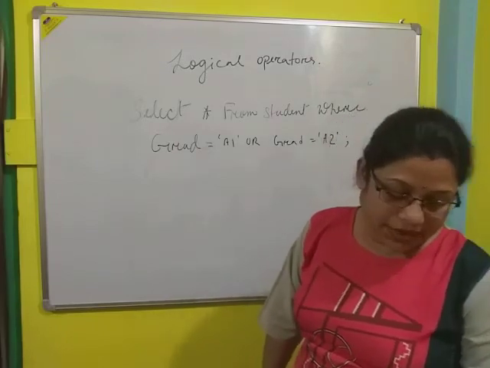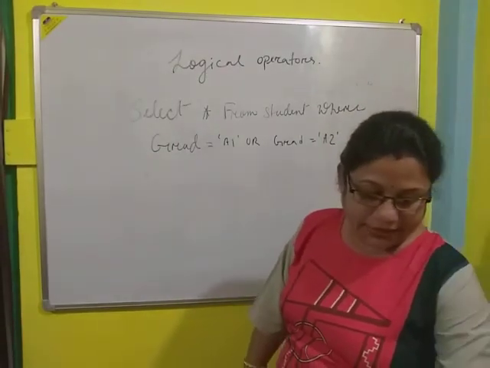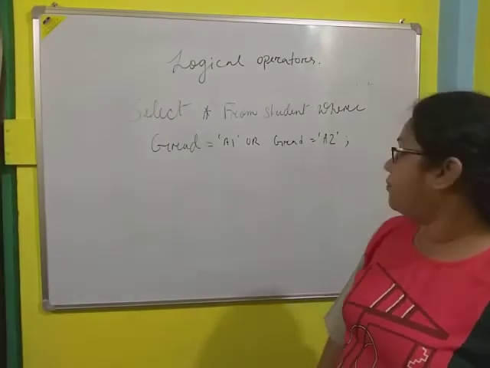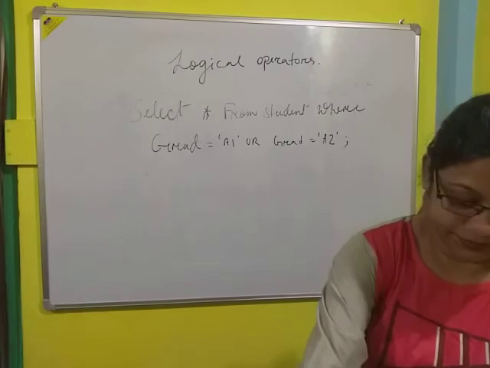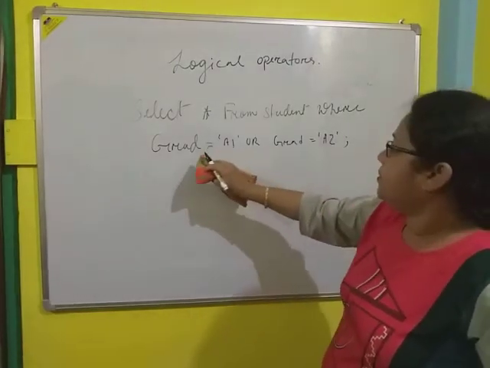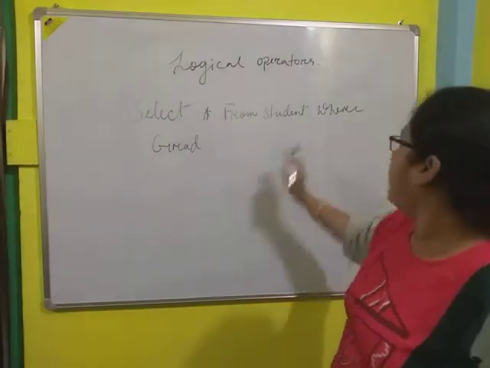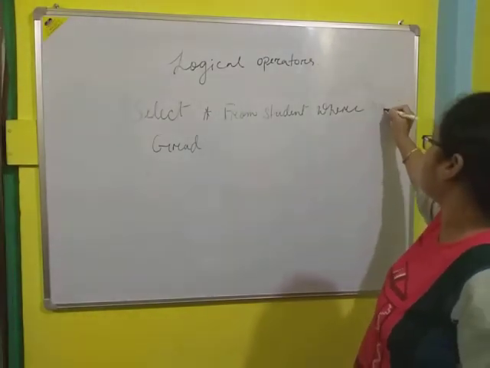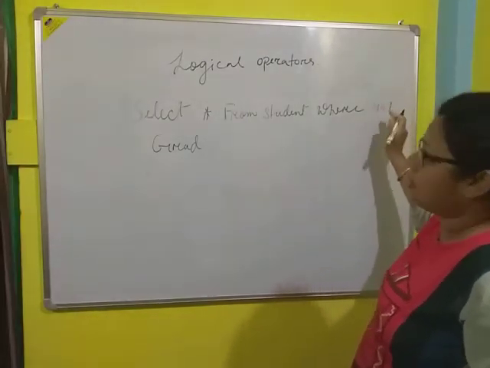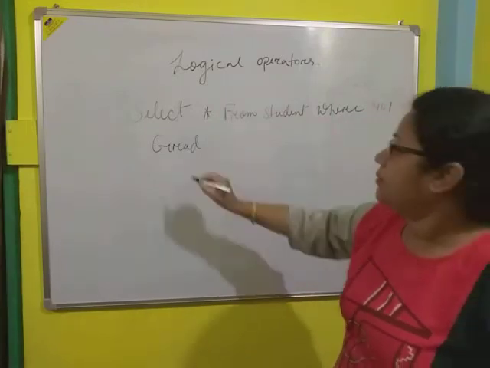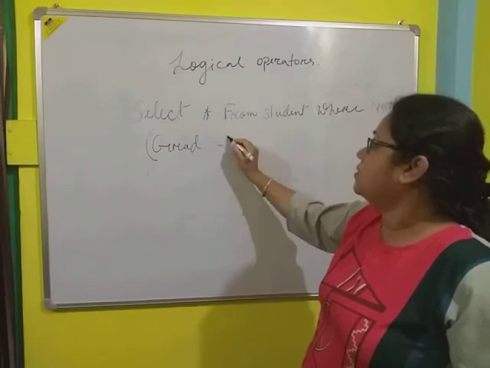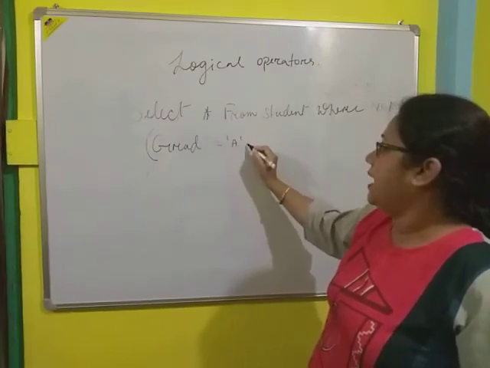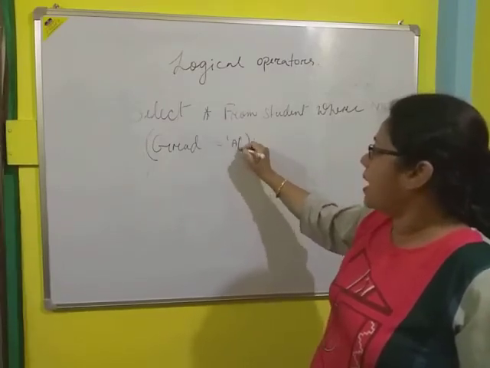Okay. So here from your book, the example is select all from student where grade. After where you write NOT. Okay, where NOT, within the round bracket write grade equal to A1.